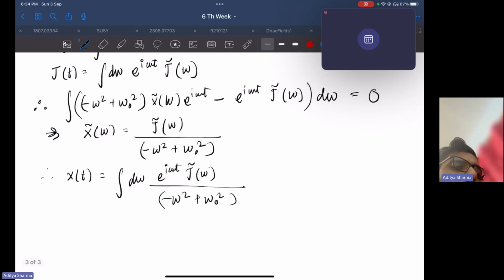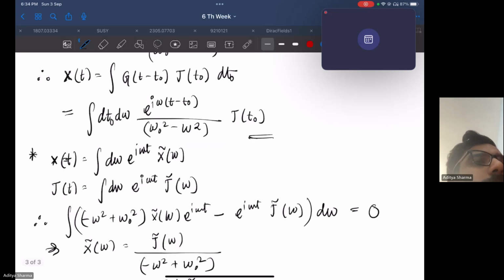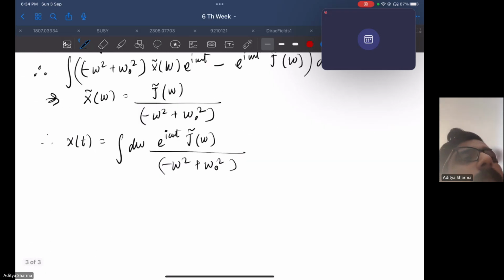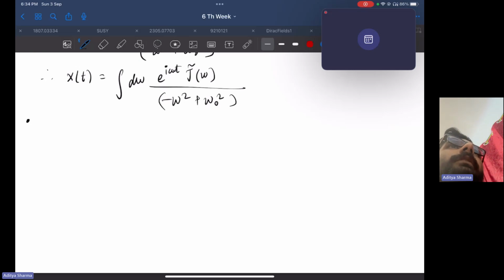For this, we need to know what j is, and we'll solve this. Right, yeah, that's all there is here. I hope I've cleared how to go about these problems. I don't have any specific example for it as of now.